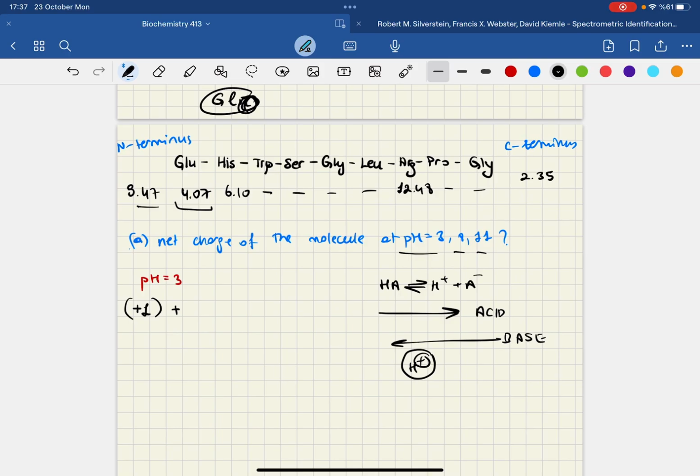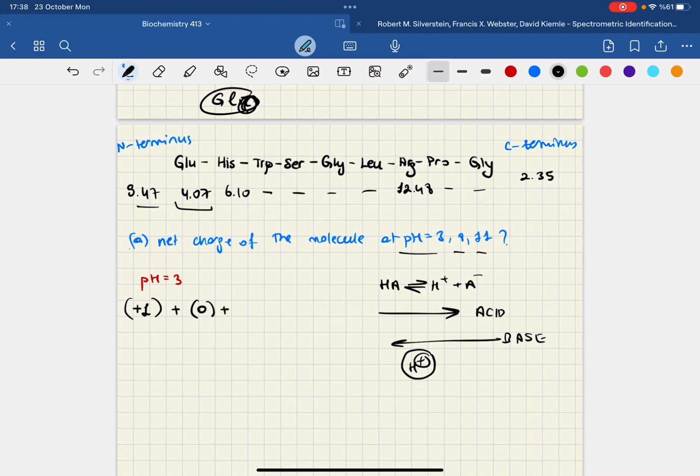No, because the medium itself is already so acidic that it won't allow glutamic acid to give out its proton. Therefore, glutamic acid won't be able to deprotonate. However, will it protonate? Of course not, as this is an acid. We cannot add any proton on it. So therefore, we can say that its charge will be 0.